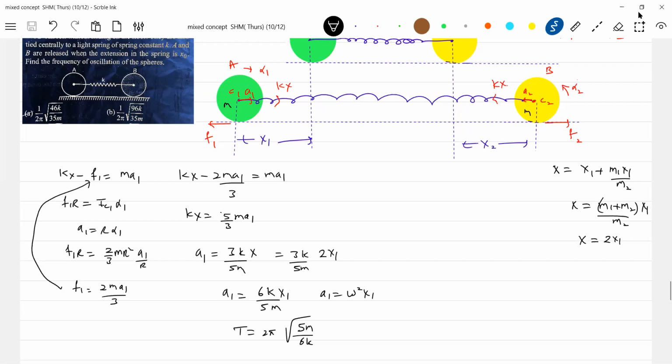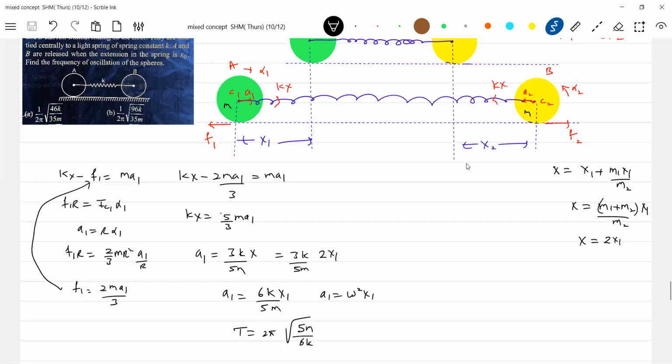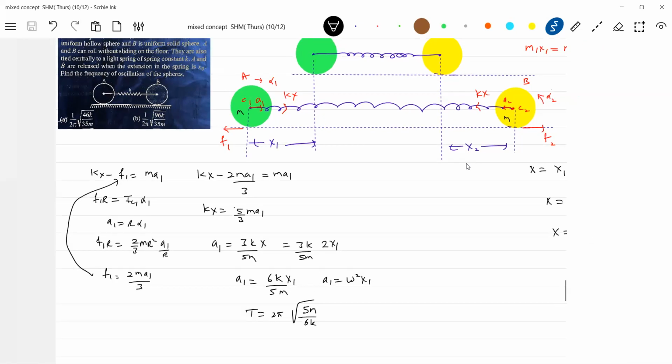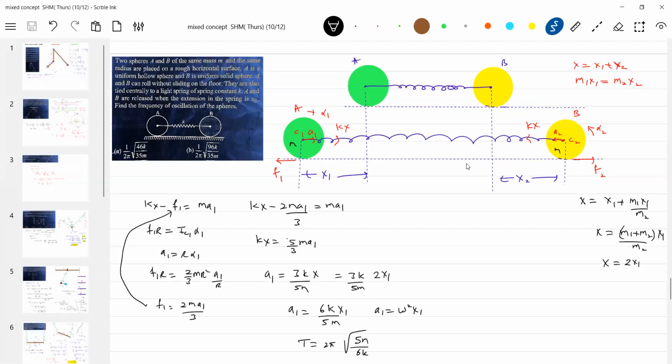Okay, now you can ask questions like how you wrote some. What is the basis for this? Is it justified? Net force on the system should be zero, no?